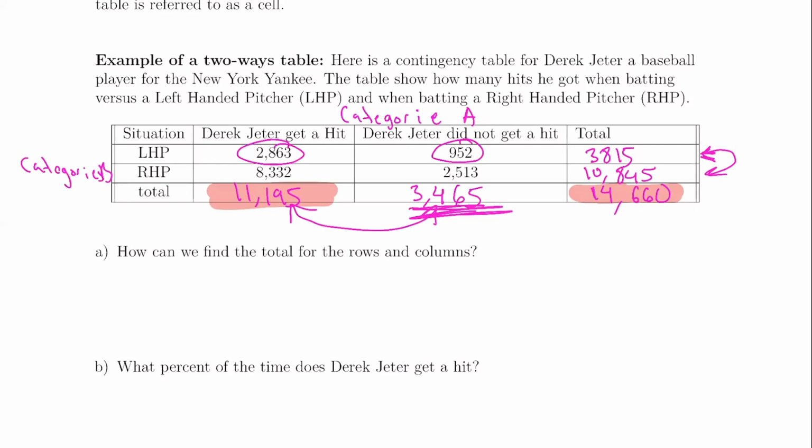But you can also check that if you do 3,815 plus 10,845, you should also get 14,660. So let me double check that. Yeah. All right. So we're all done with part A. Any question in regard to part A?